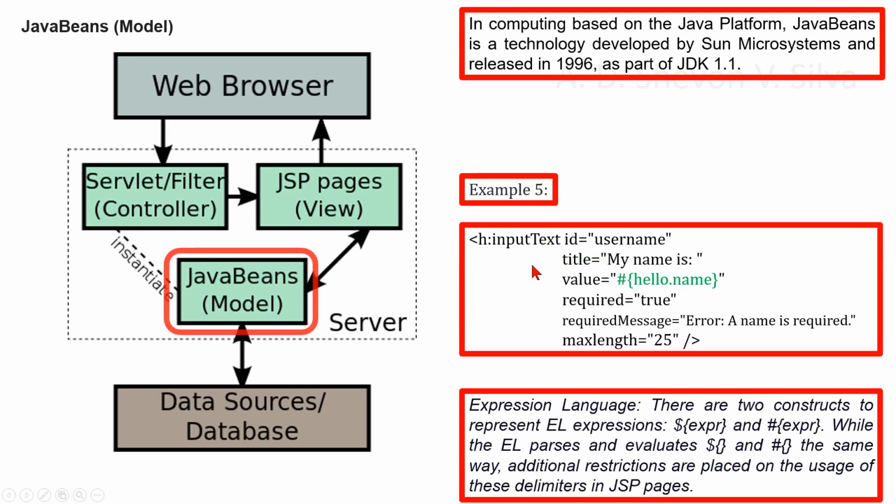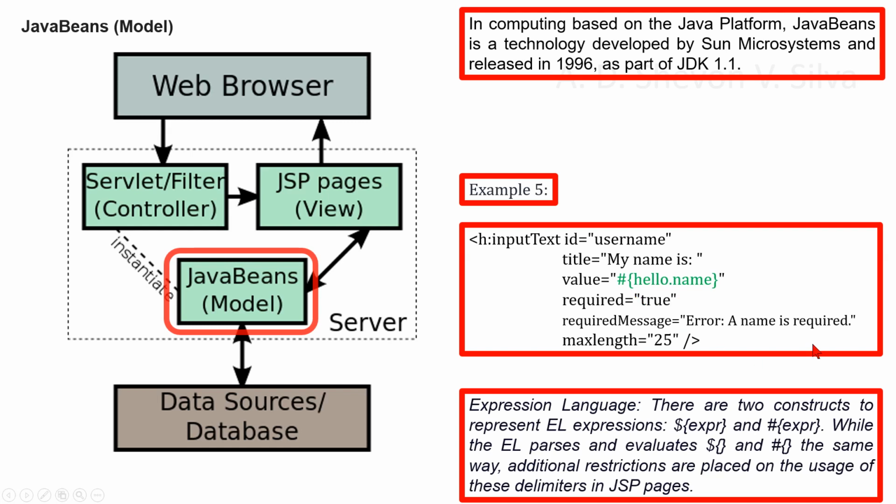As an example 5, we can consider this one. This is in expression language, this code segment. There are two constructs to represent EL expressions, that is the $ expression and hash expression here. While EL parses and evaluates $ and hash in the same way, additional restrictions are placed on the usage of these delimiters in JSP pages.